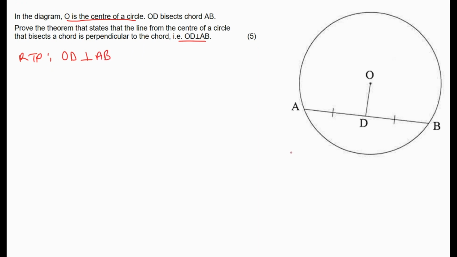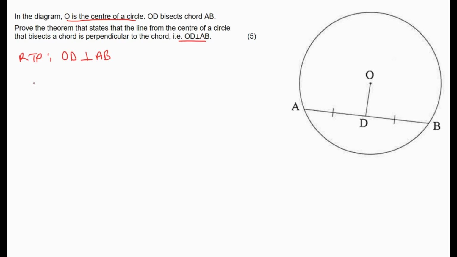Okay, right. When you're proving a theorem, there are two main things that you have to remember. One, you have to remember the construction or constructions that you have to do, and you have to remember the theorem that you have to use to prove the theorem that you are proving. Right, so let's start with the constructions.